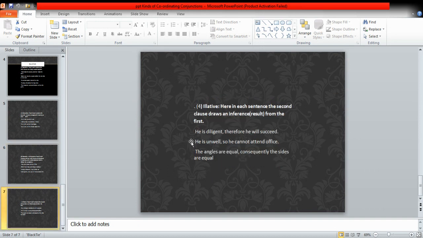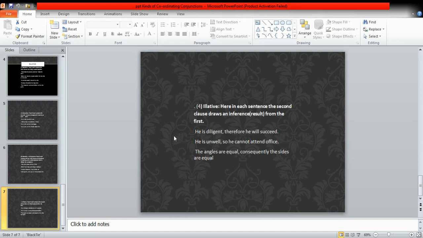And the last type, illative conjunction, we have some practice sentences over here. Illative conjunction always joins two clauses with one another. How? He is diligent, therefore he will succeed. He is unwell, so he cannot attend office. The angles are equal, consequently the sides are equal.